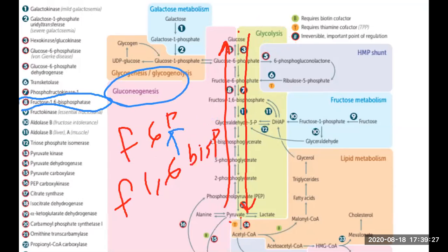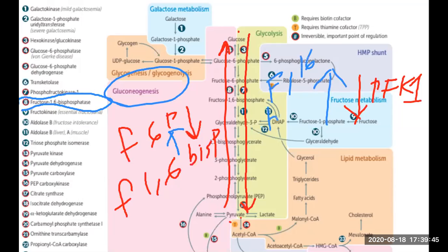It is not PFK1. So you see, arrows make the enzyme different. When the arrow is down in the same step, the enzyme is PFK1. When the arrow is upwards in the same step, the enzyme is fructose 1,6-bisphosphatase. Why is it like this? Why do you think it is like this?